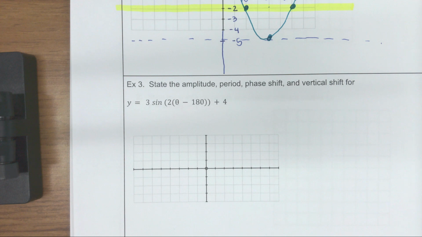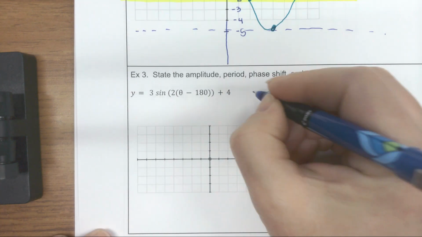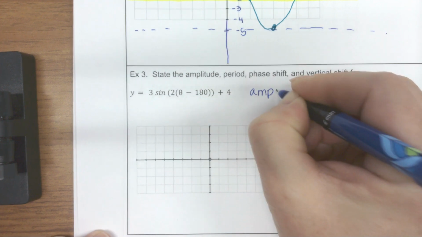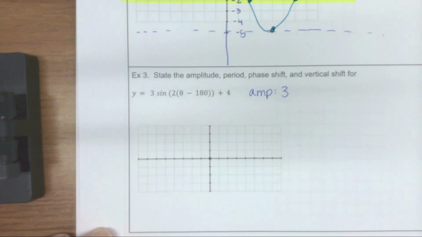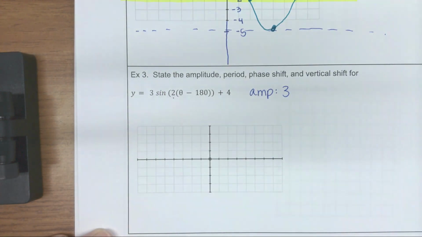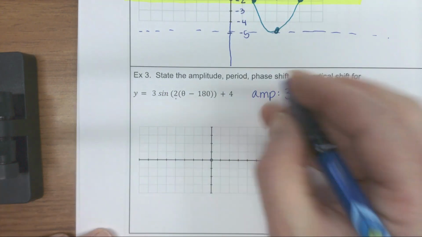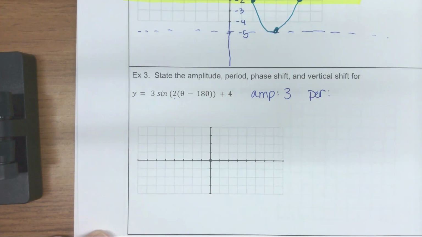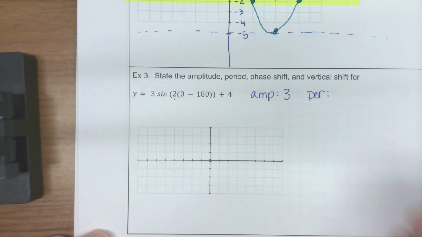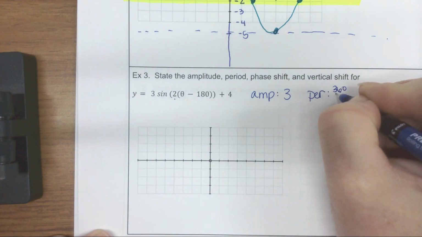Okay, let's find all our things first. So amplitude is equal to 3. This time I have that 2 in front. So the period is 360 divided by 2, which is 180.